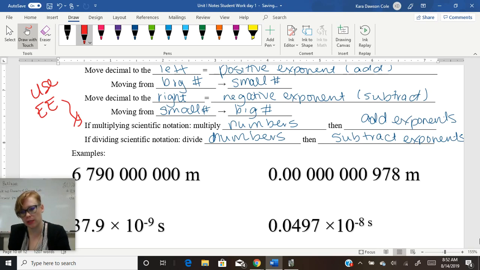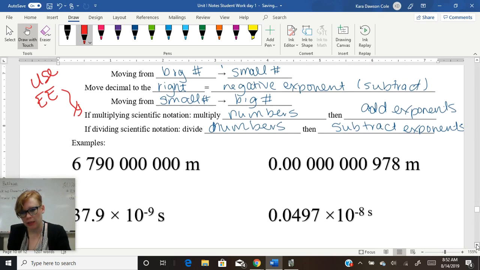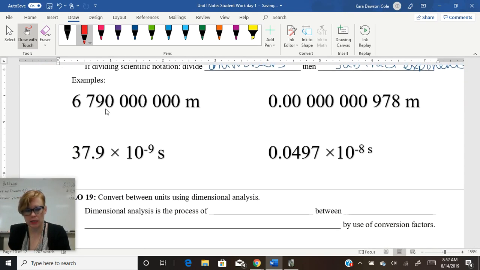So let's look at a few examples. In this example right here, the decimal point is not present. So I'm going to go into the number until I hit a non-zero, and those are significant, right? This is my first significant figure that I hit. Now, my decimal point needs to be in between the first and second significant figure.